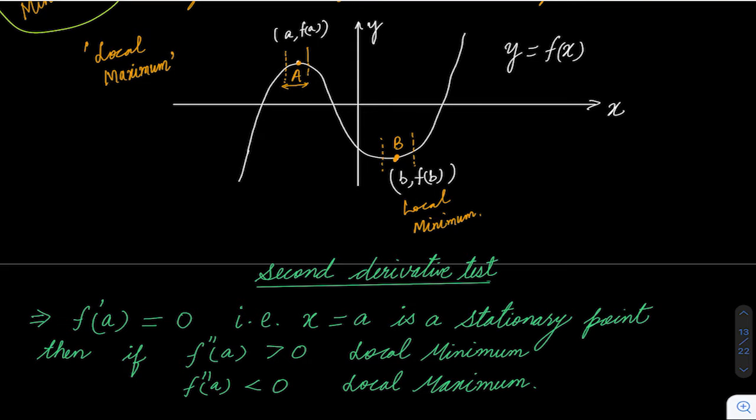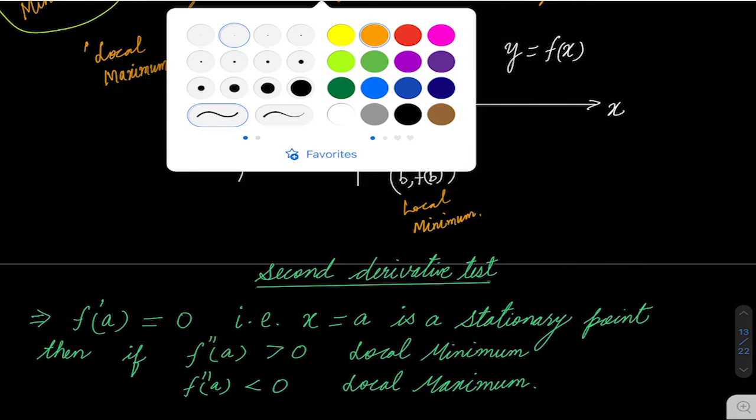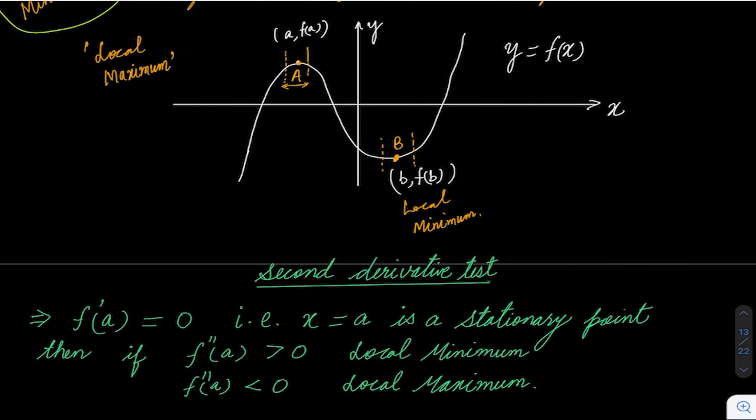Now the question is, how to differentiate between them? First, we are 100% sure that at the stationary point, f dash x is 0, so if you draw a tangent, its gradient is 0.